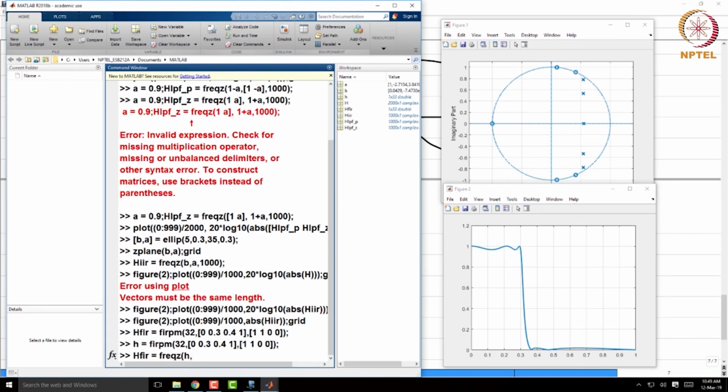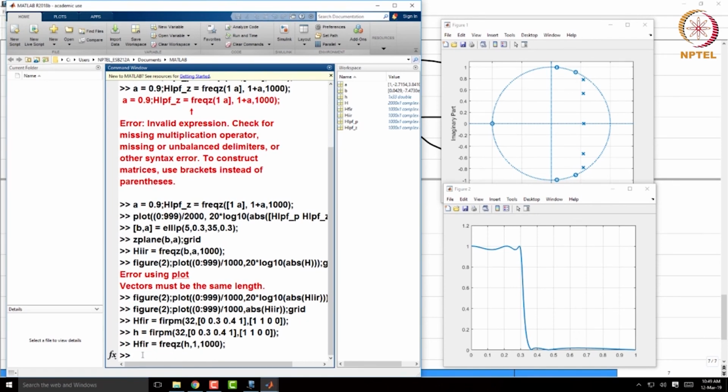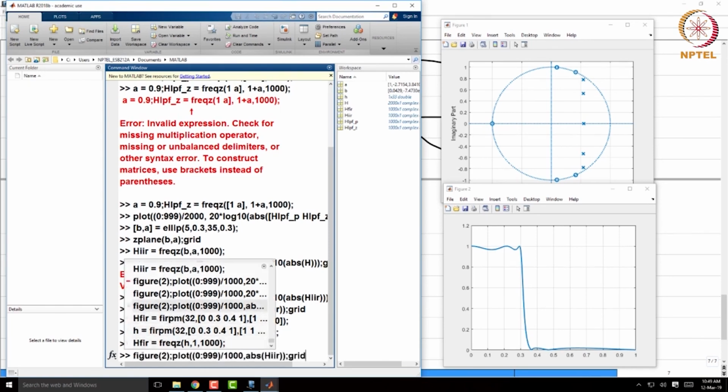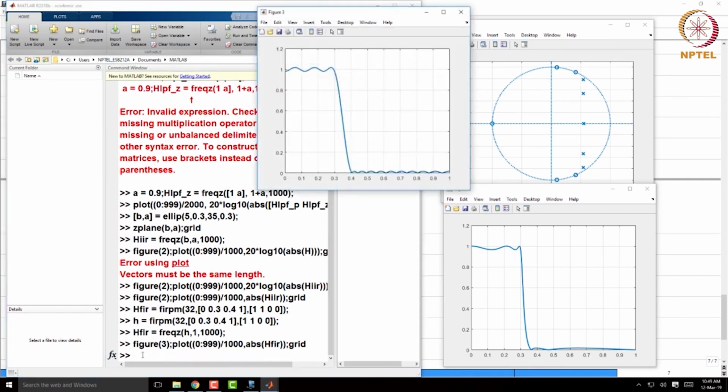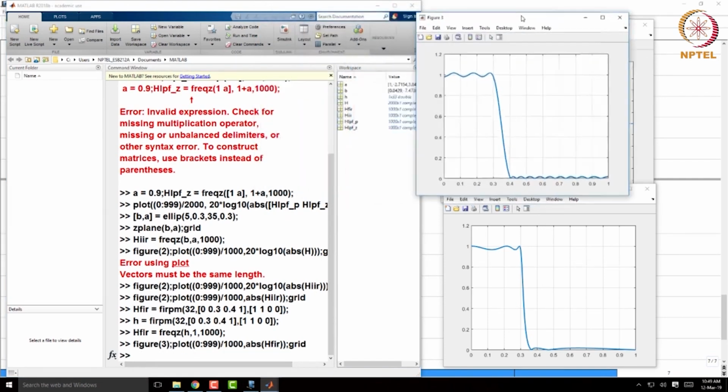So, the numerator polynomial is h itself, 1 and 1000, and if I now plot this, you can see that these two are very similar.